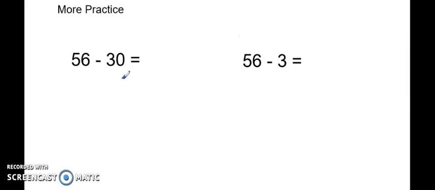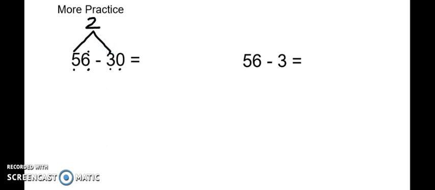We'll do 2 more problems together, and I'll show you one other way that you might want to think about it. So here we have 56 minus 30. So we have 2-digit numbers that we're subtracting. One way is you can think of subtracting the like digits. So we can group our tens up and do 5 minus 3. 5 minus 3 is 2.